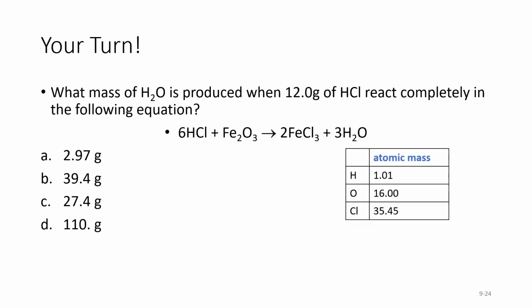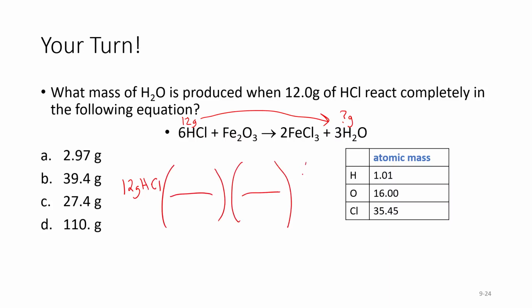And this one, what mass of water is produced, so question mark grams, when 12 grams of HCl, going in that direction, so we're starting with 12 grams HCl, grams of HCl to moles of HCl.